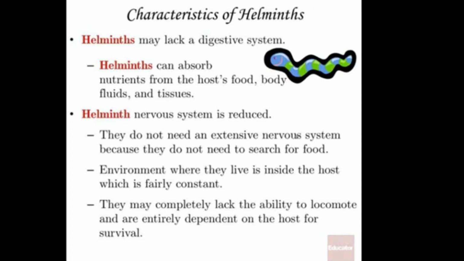So what are some of the characteristics of helminths? Well, first of all, a large number of them don't have a digestive system. Now, again, if, for instance, the worm is living out in the earth on its own, probably they have a digestive tract. But these obligate parasites that are helminths often don't have a digestive tract. And quite frankly, they don't need one, because we're going to talk about why that is.